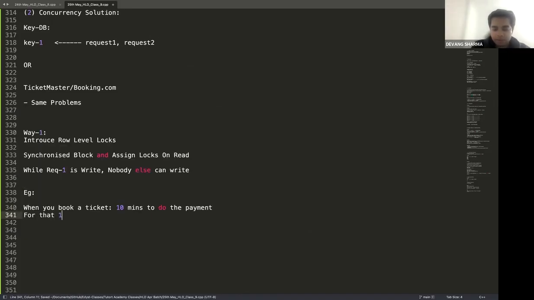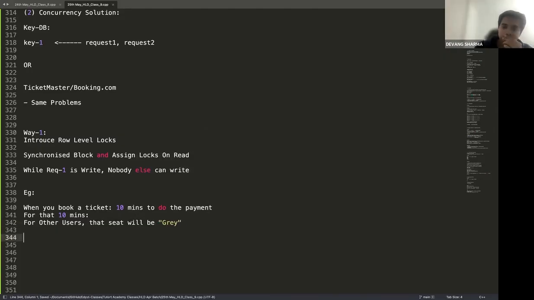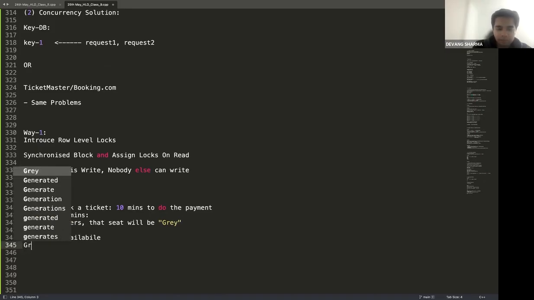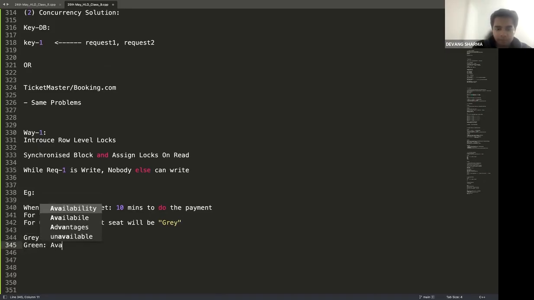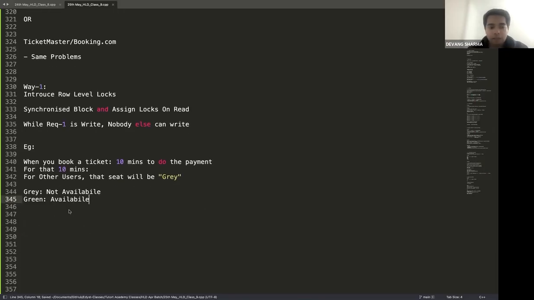For those 10 minutes, if somebody else tries to see it, for other users, that seat will be gray. All agree? And by gray, I mean not available, and green means it's available. Nobody else can write.